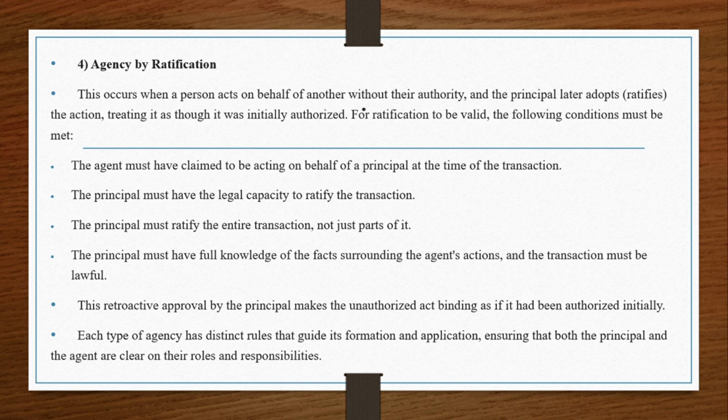Then the principal must ratify the entire transaction, not just parts of it. If they do not agree with the entire transaction, then that ratification won't be valid. Then the principal must have full knowledge of the facts surrounding the agent's actions, and the transaction must be lawful.